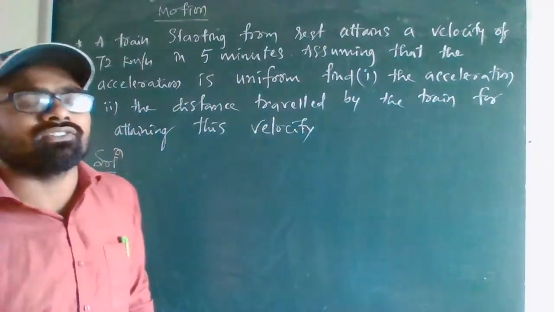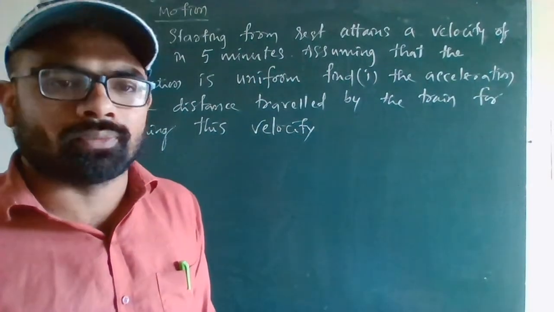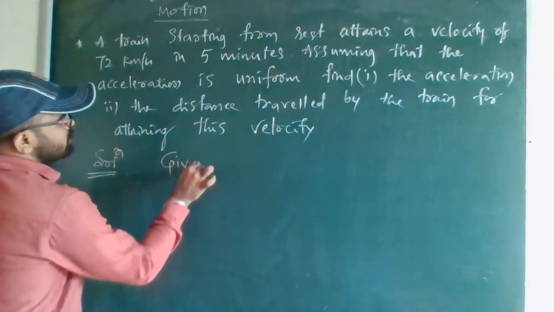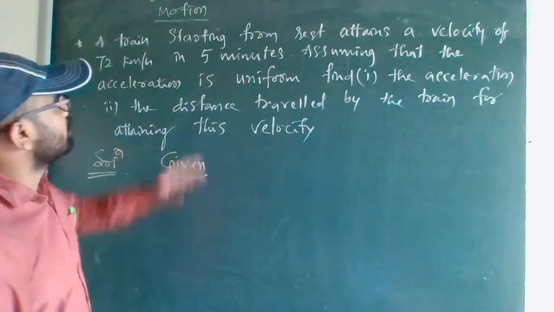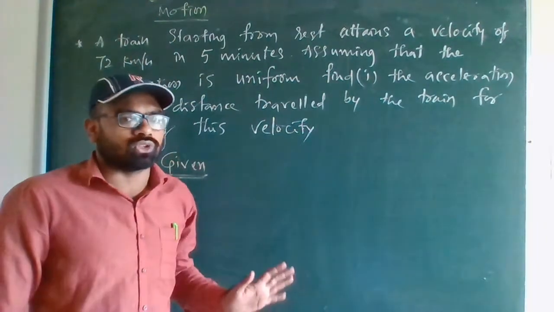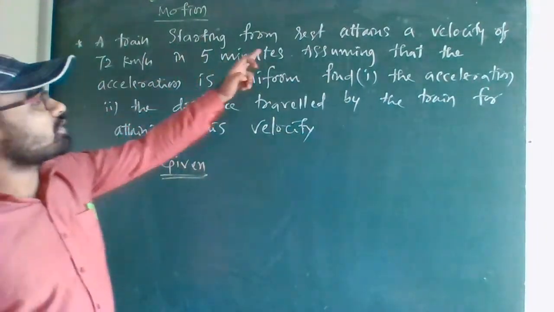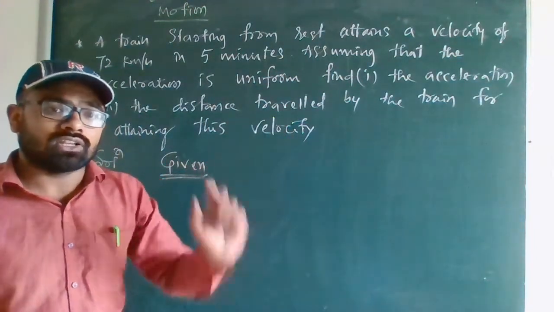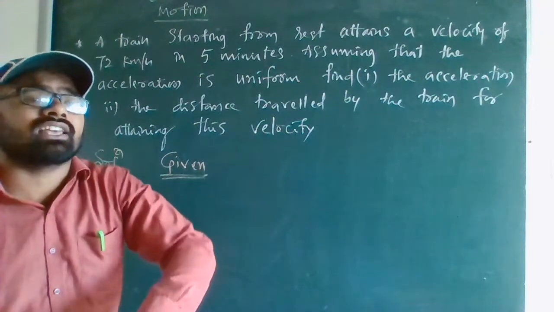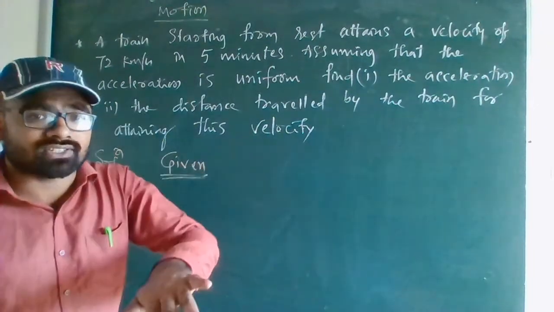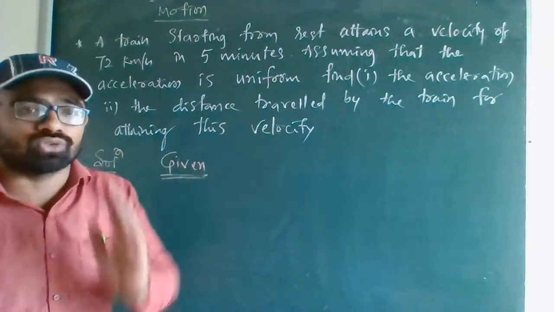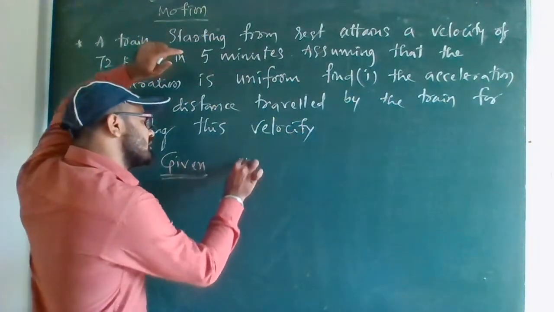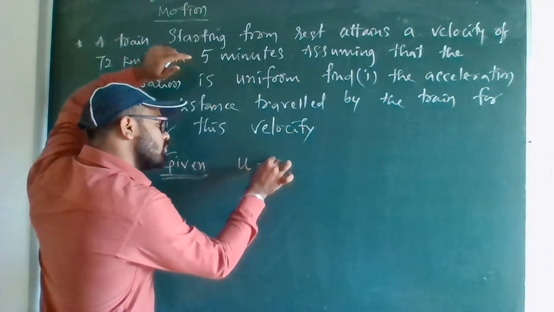Whenever it starts from rest, the initial velocity you have to take as 0. If in the question the train finally comes to rest, then the final velocity is 0. So for starting from rest, the initial velocity is 0. That is our u, u is equal to 0.